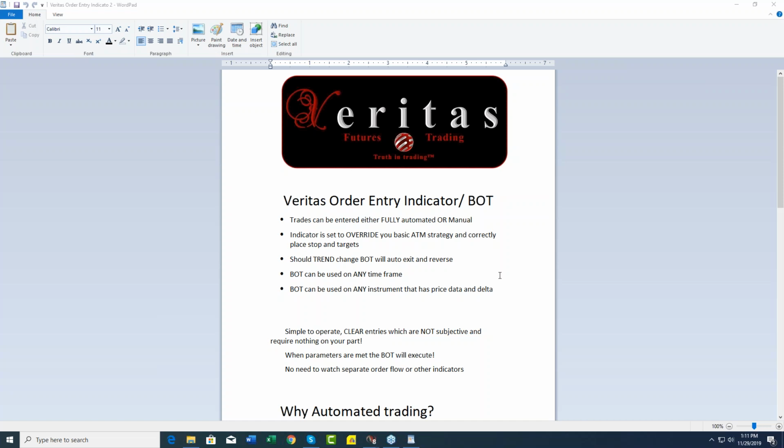The bot can be placed on any time frame. Minute base, tick base, range, volume, Uniranko, doesn't matter. It can also be placed on multiple time frames of the same instrument and run them simultaneously. For instance, in the NASDAQ, I run 4 different charts: 15 range, Uniranko, 500 tick, and a 3-minute time frame.